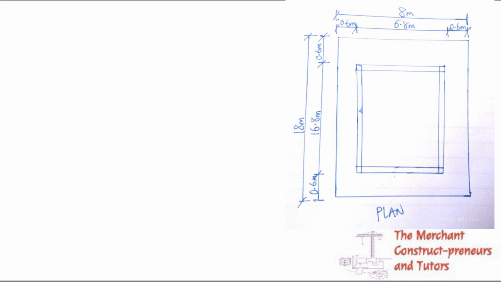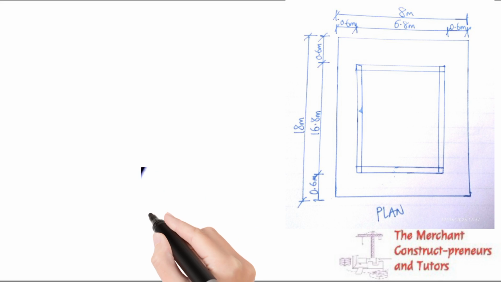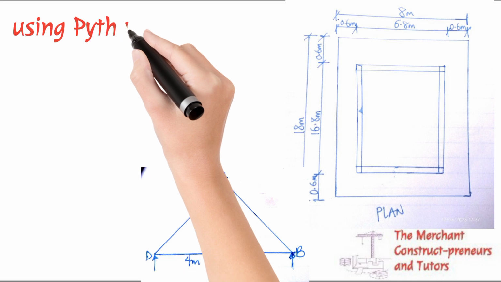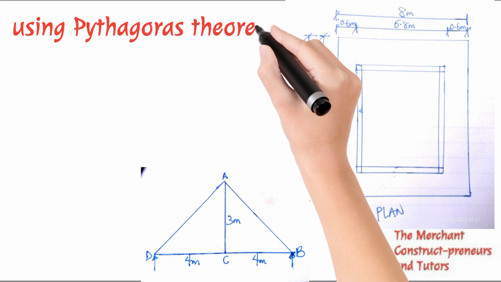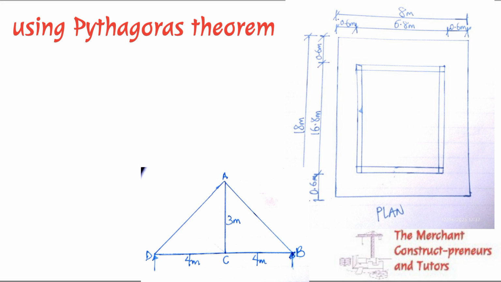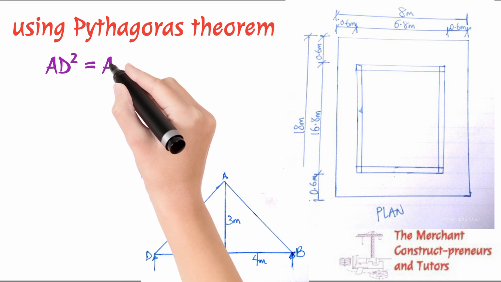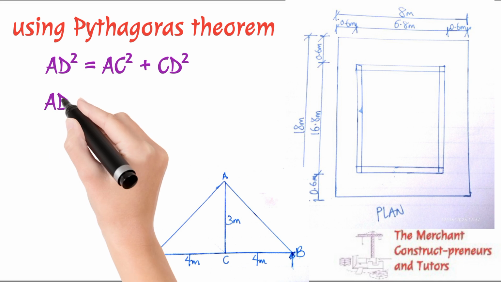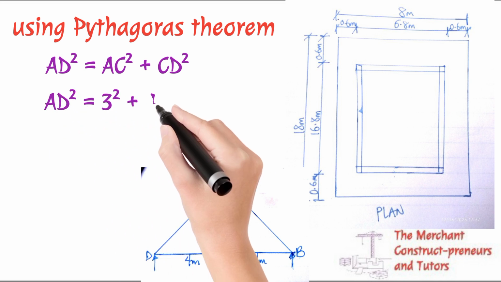Now we will calculate each side of the rafter using Pythagoras theorem. From the diagram, you can see the roof height is 3 meters, and the total length of the tie beam is 8 meters. We divide it into two, so we have 4 meters to one side and 4 meters to the other side. We want the longer side, which is the hypotenuse.